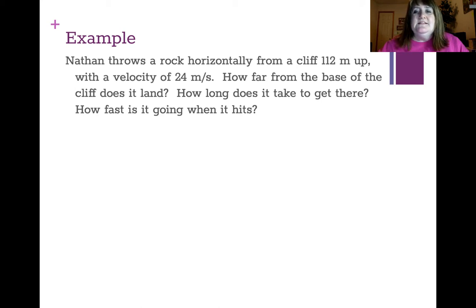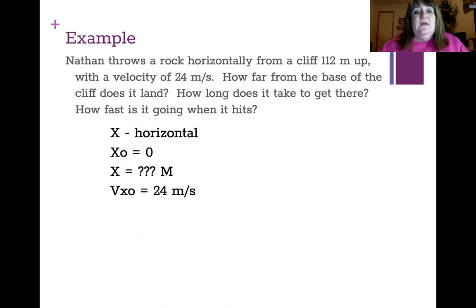Well, you have to realize that you need to separate your horizontal and your vertical. So we have x naught is 0, always, default. X, we don't know yet. That's in meters. V naught x is 24 meters per second. That means that Vx will be 24 meters per second. Velocity in the horizontal direction. Ax is 0 because we have constant speed.